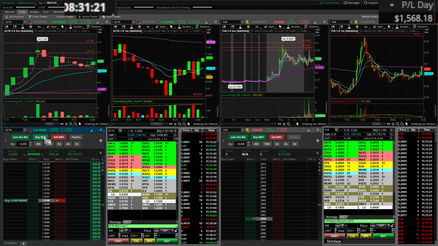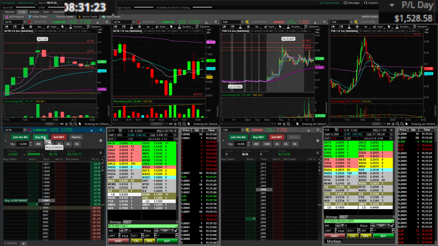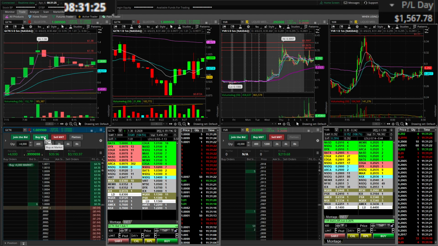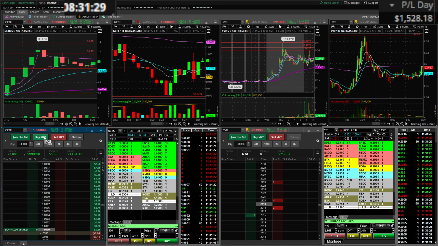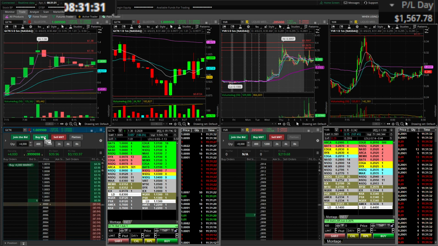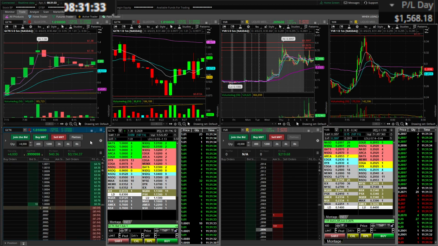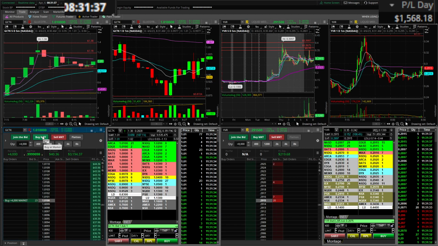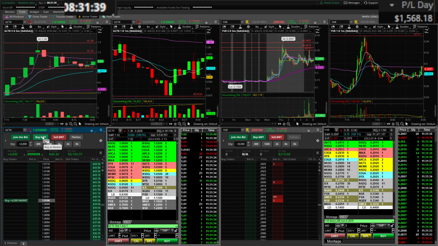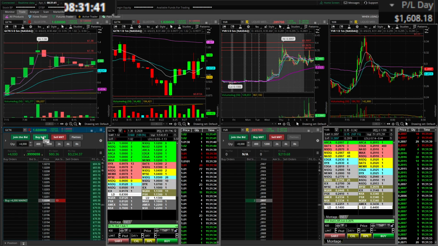VWAP is at 107. Watching that seller, or the buyer at 99.76. You see more volume on this candle. Volume coming in as we break 101. We hold 101, 102.